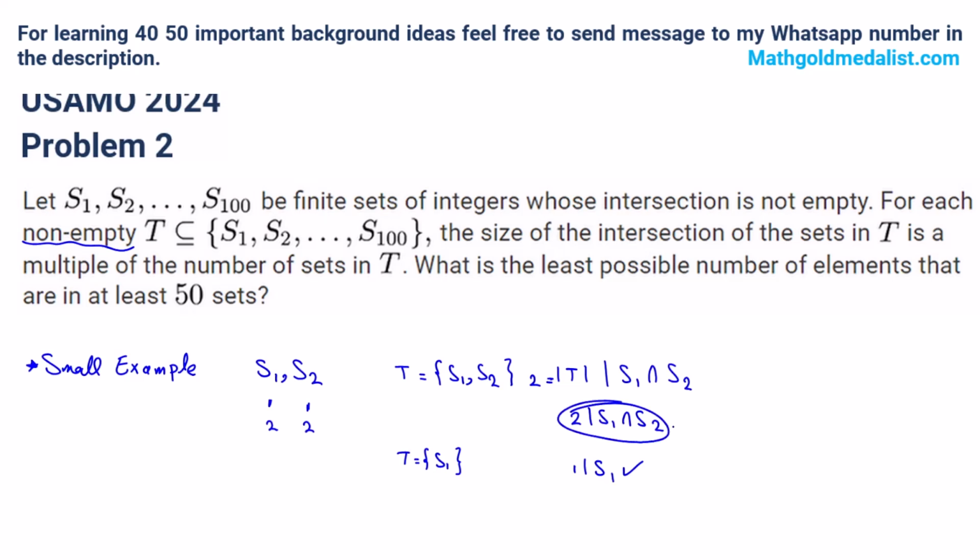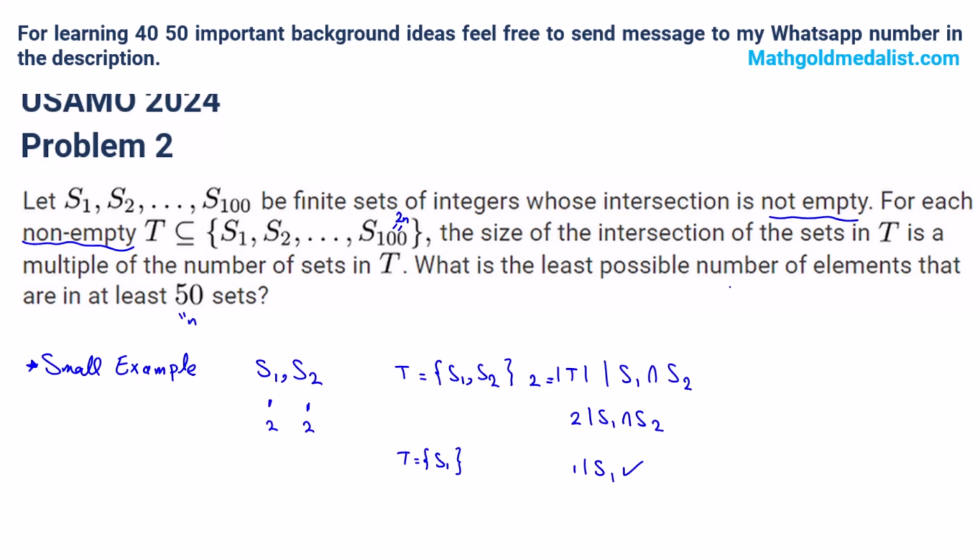So 2 should divide S1 intersect S2. So S1 intersect S2 has at least 2 elements, right? Because it says the intersection of all of them is not empty. So we have 2 elements, and it says, okay, how many? So if you consider this one as 2n, it is n, right?